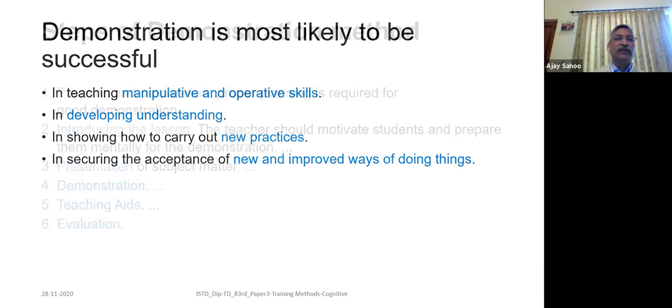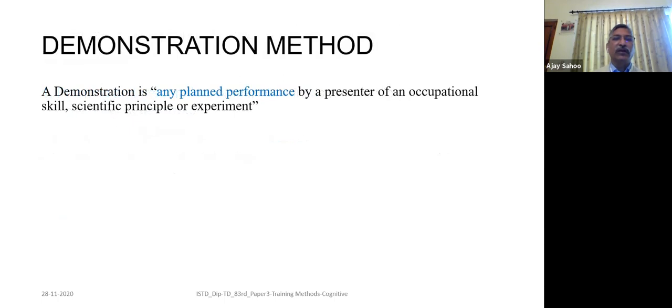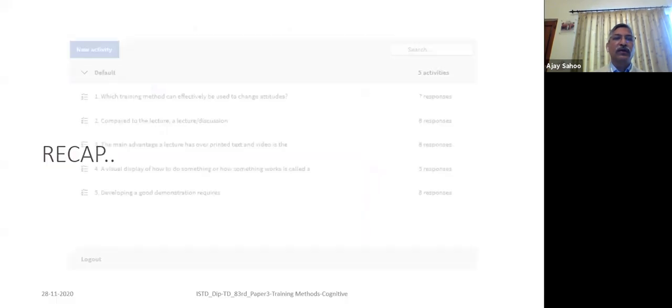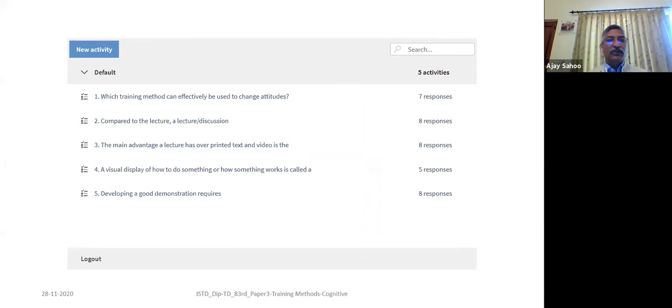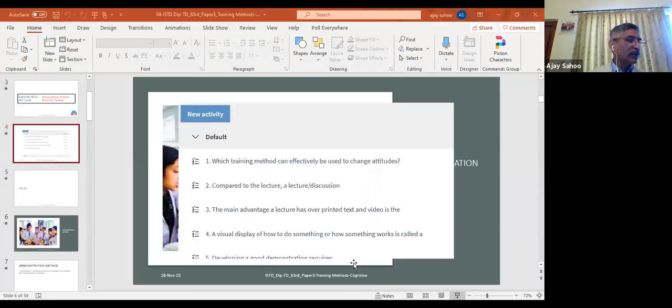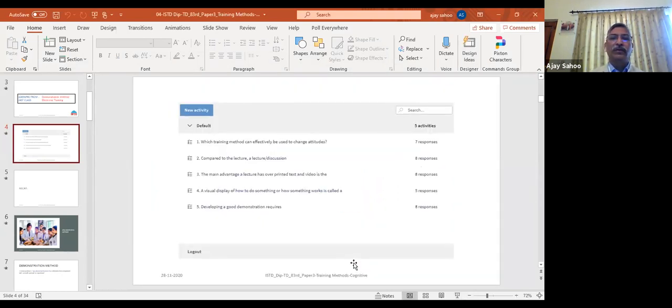Okay, let me just demonstrate how it's done. You are able to see on your screen? Yes, sir, we are able to see. Okay. So when you start off, this will be blank actually, right?